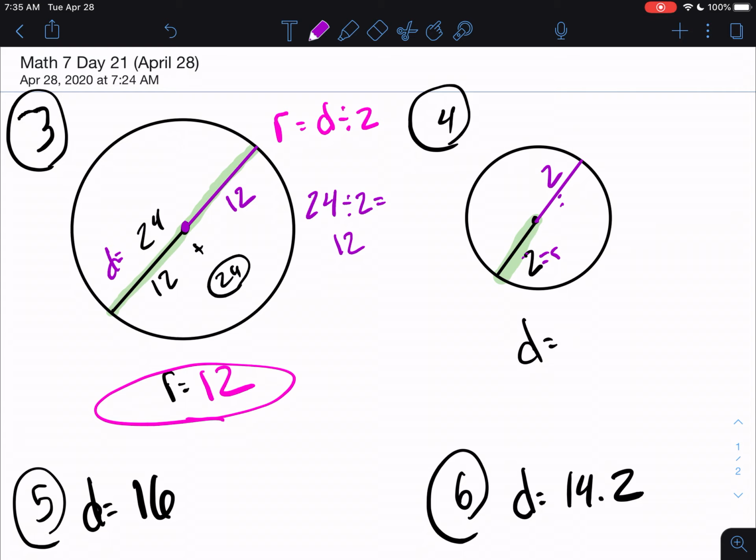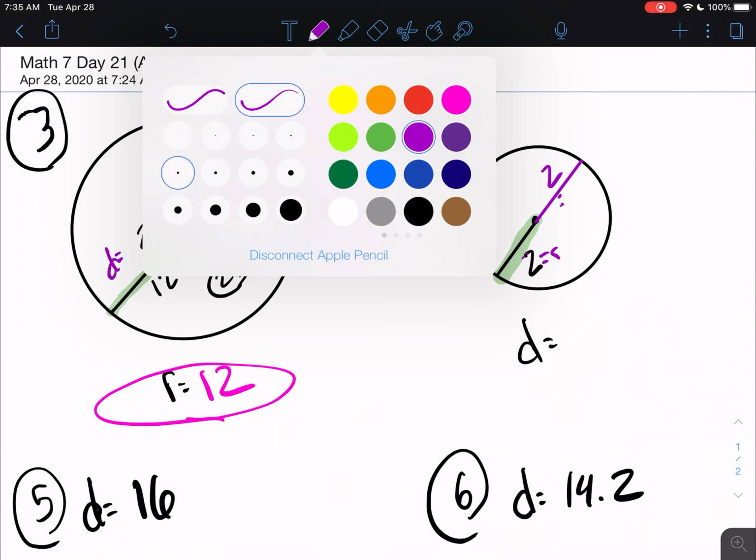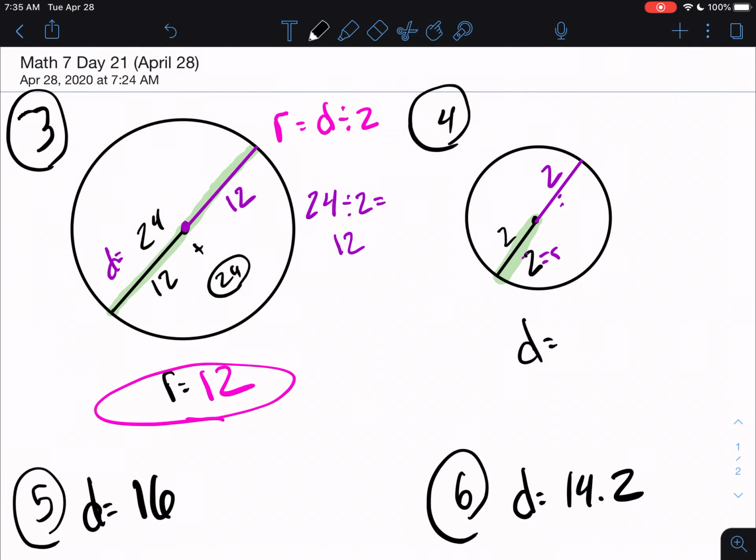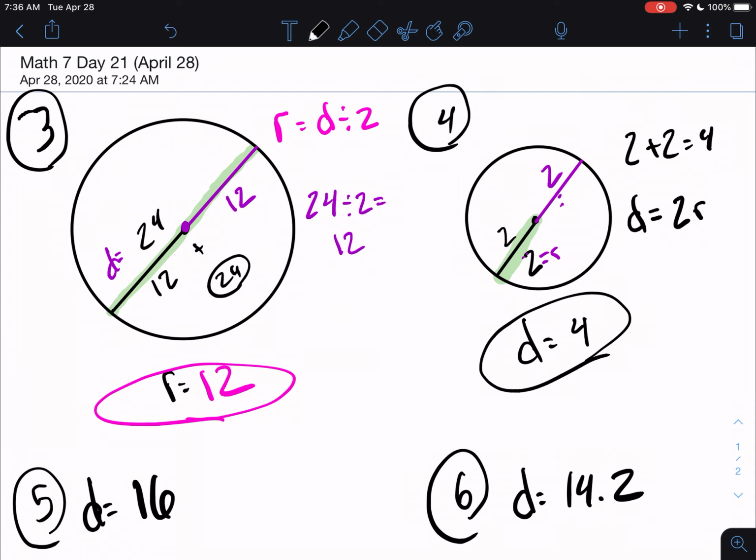So that means if this is 2, and that green line is 2, our diameter would be 2 plus 2, or 4. Another way to do it is you can just multiply your radius by 2. Or you could say, well, D, your diameter, equals 2R, or 2 times whatever the radius is. And I know that's kind of confusing because 2 is the radius, but we'll fix that. There'll be another example. So my diameter is 4.